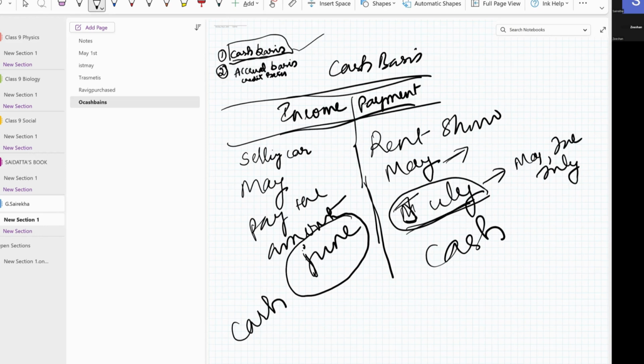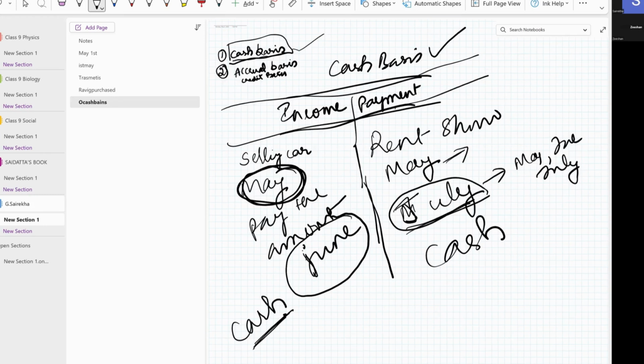So what does cash basis business say? If you are following this type of system, in whichever month actual cash is coming, that month you have to record it, and when cash is actually going out of the business, you record that. So even though you sold a car in May, you are getting the amount in June, so you write it in June as cash received.